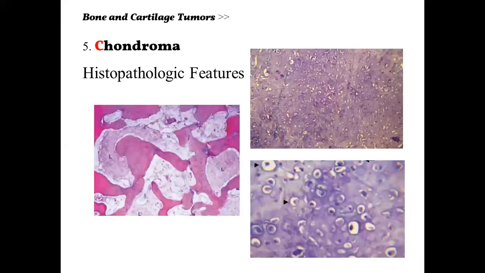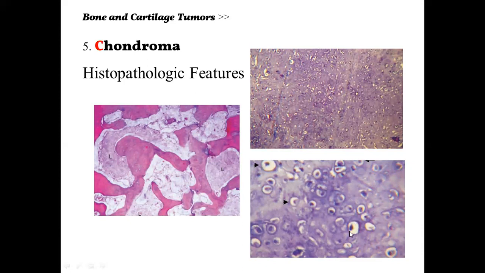So yan. Ito siya, macroscope. Medyo on a lower magnification. And this is somehow a higher magnification. So makikita ninyo, parang, ayan, may mga clear cytoplasms yung mga cells. Ayan. Ito yung mga chondrocytes. Looking at a higher magnification pa, makita nyo yung mga chondrocytes.